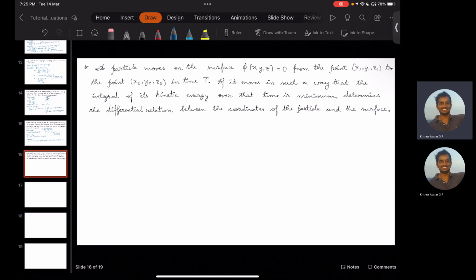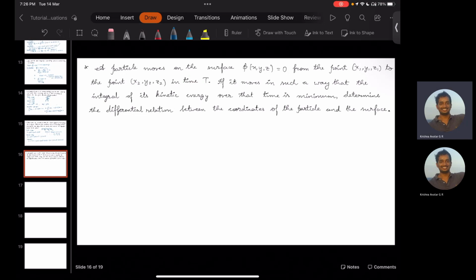This problem states that a particle moves on the surface phi(x, y, z) = 0, from the point x1, y1, z1 to the point x2, y2, z2 in time T. Now, if it moves in such a way that the integral of its kinetic energy over that time is minimum, determine the differential relation between the coordinates of the particle and the mass and the surface.